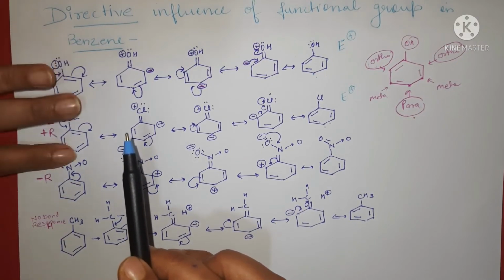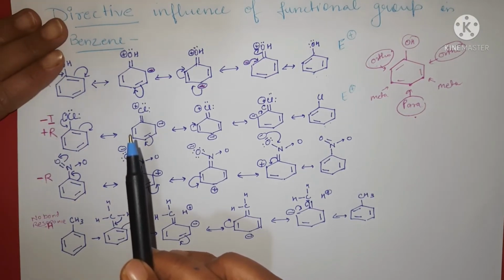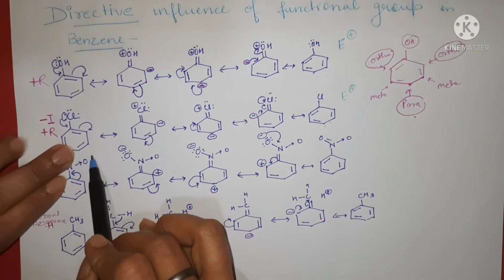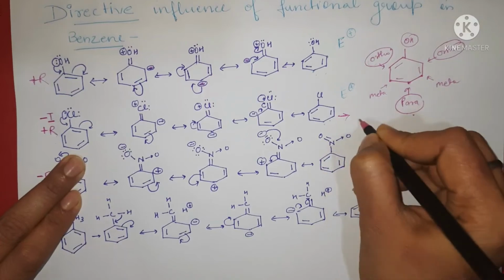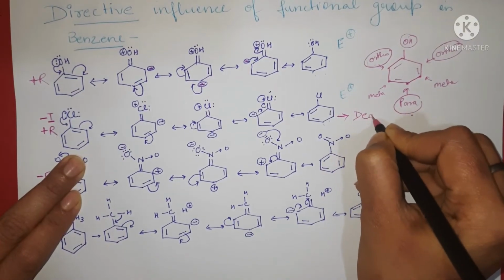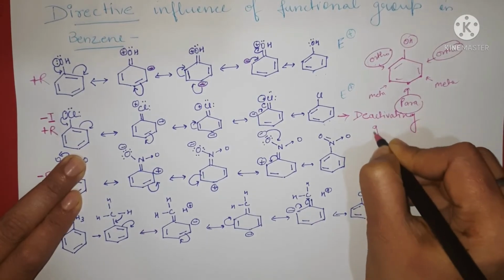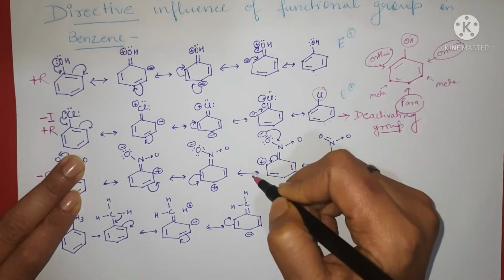So if we compare these two, the electron density more in case of phenol on the ortho and para position, and less in this case. That's why we call chlorine as deactivating group.